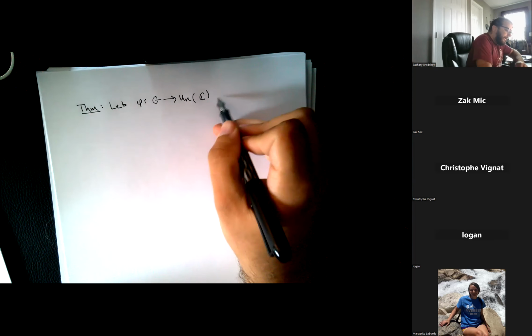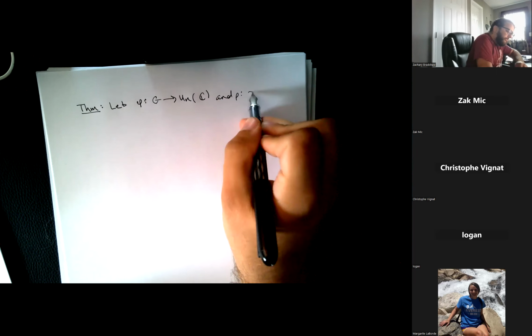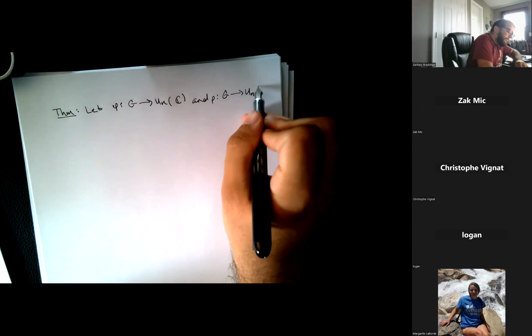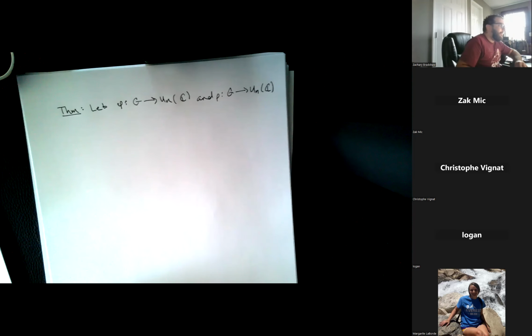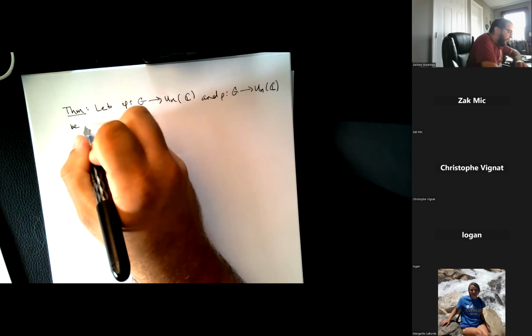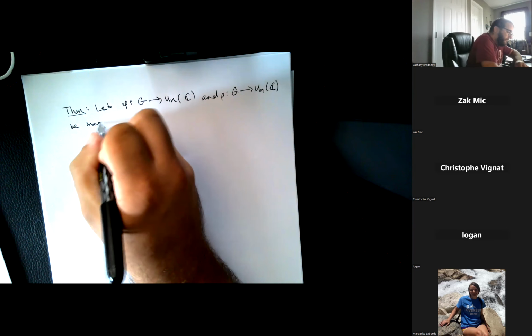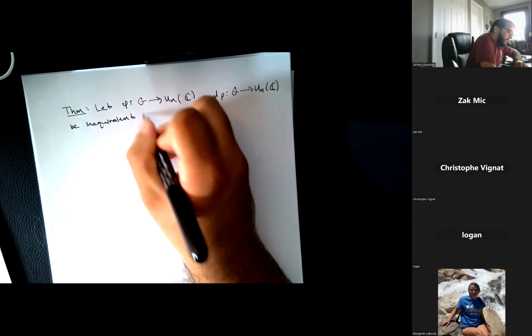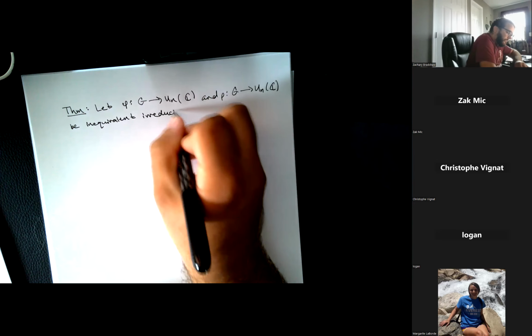Okay, so let phi and rho, as usual, be representations, but not just representations. Let's let them be unitary. We want them to be the same degree here, but inequivalent, and irreducible.